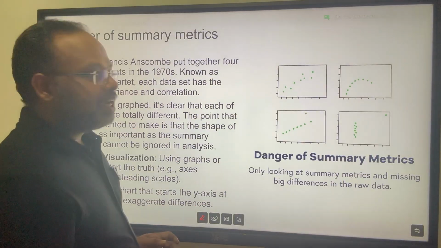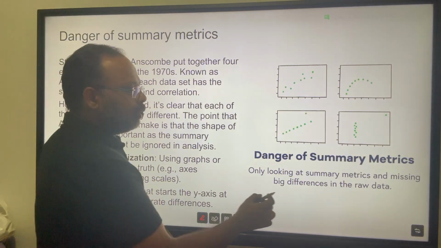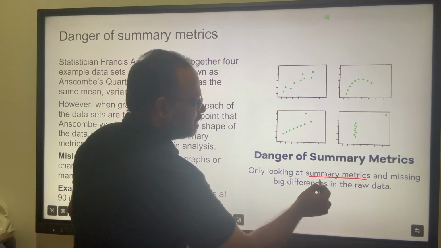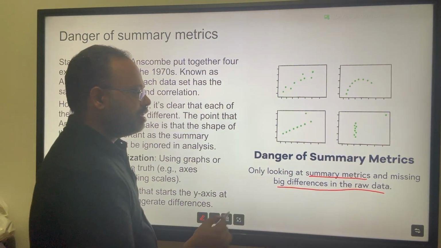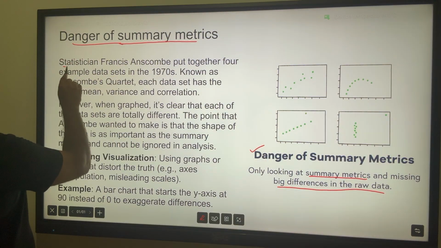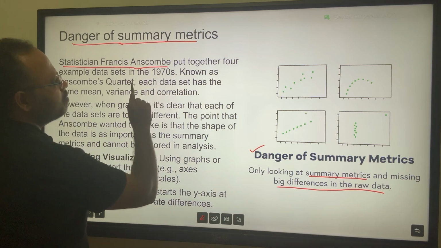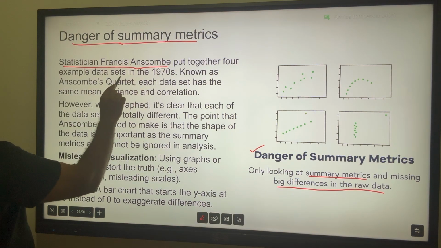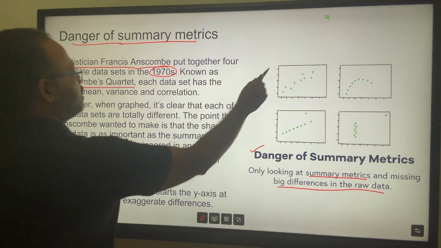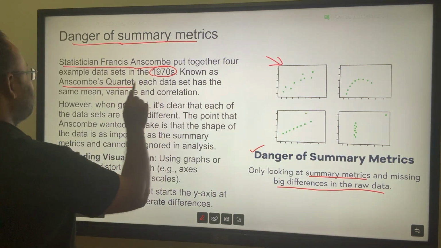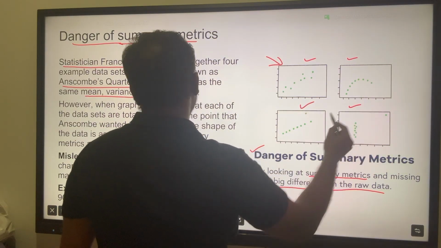Next, we move on to the danger of summary metrics. Only looking at the summary metrics and missing the big differences in the raw data will result in data fallacy. The statistician Francis Anscombe put together 4 example data sets in the 1970s. It was known as Anscombe's quartet. Each data set has the same mean, variance and correlation.